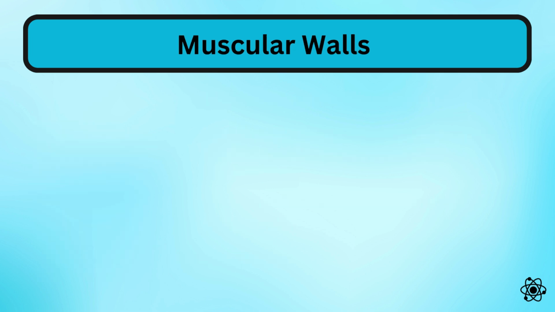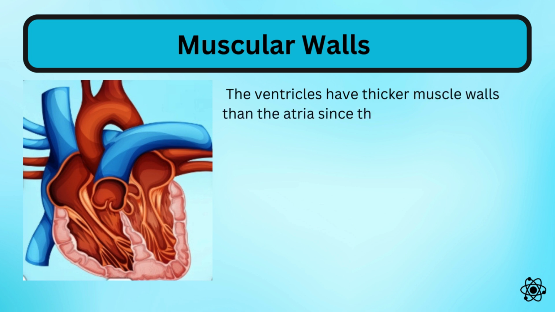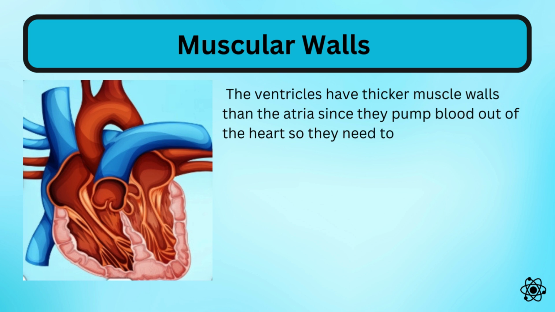Moving on to muscular walls, the ventricles have thicker muscle walls than the atria, since they pump blood out of the heart, so they need to do so at a higher pressure. So you will notice that the lower two chambers, the ventricles, have thicker muscle walls than the upper two chambers, the atria.